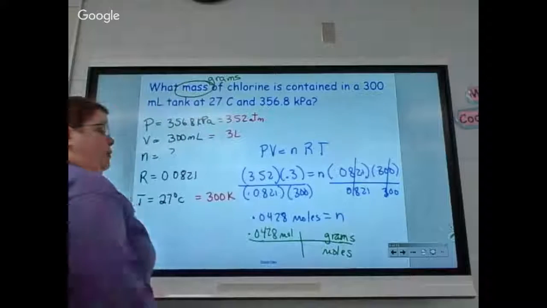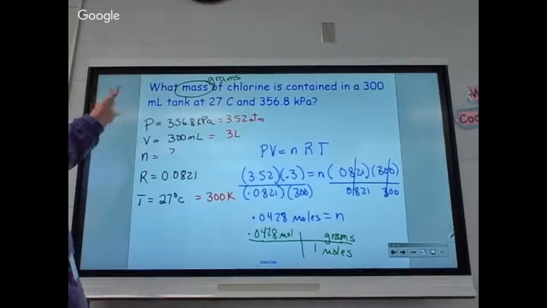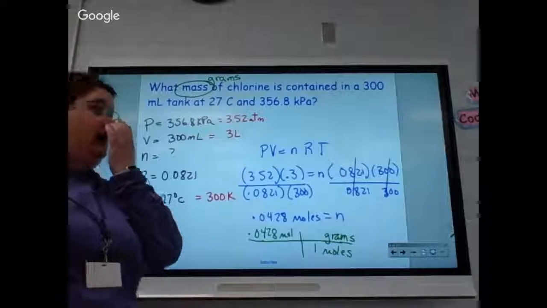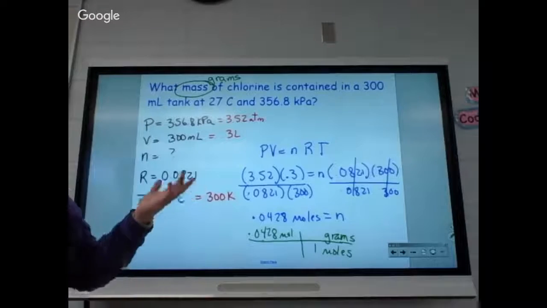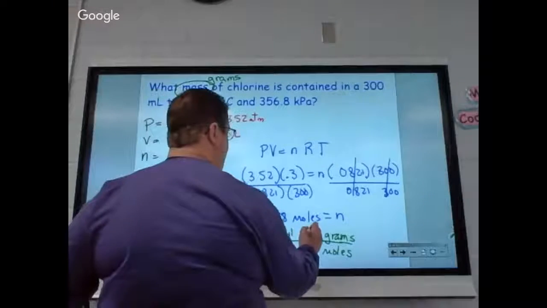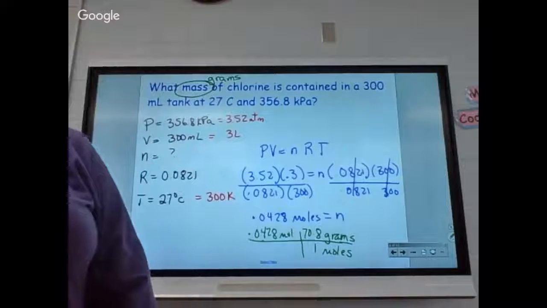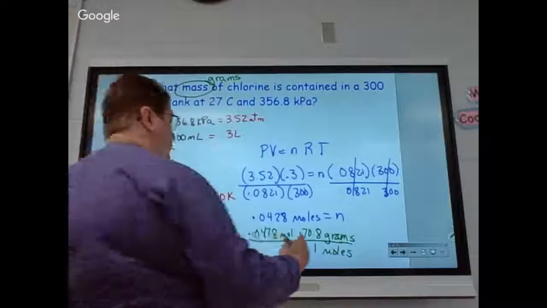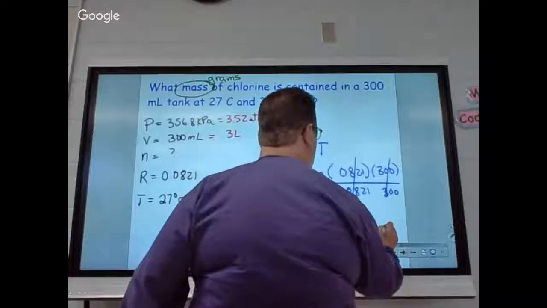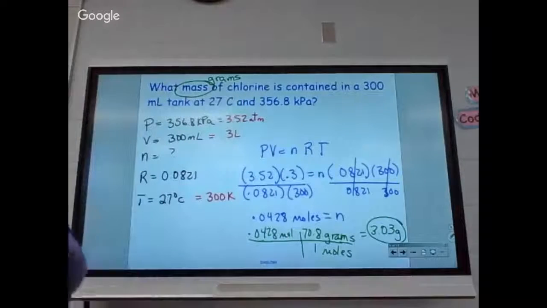What compound did I give you? Chlorine. Is chlorine diatomic? Yes. So the mass of 35.4 times 2 is 70.8. 0.0428 times 70.8, I get 3.03 grams. Now we have our answer.